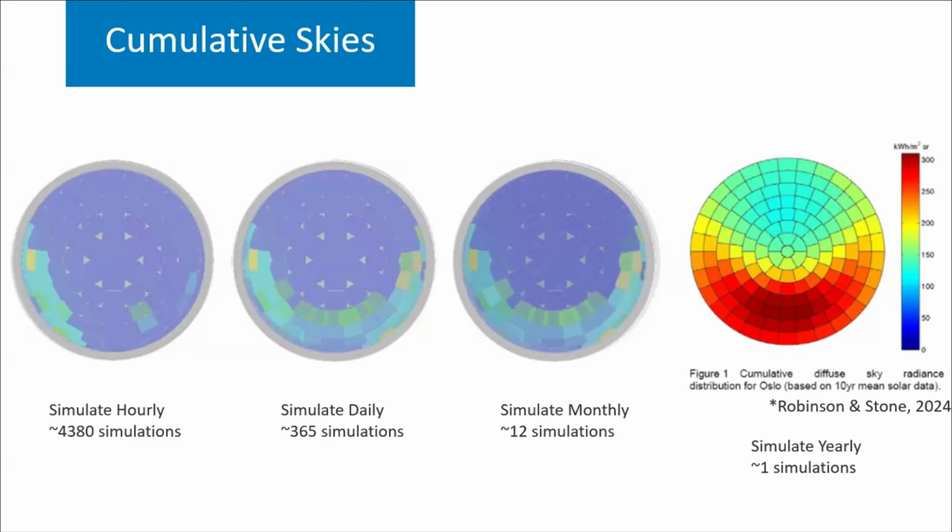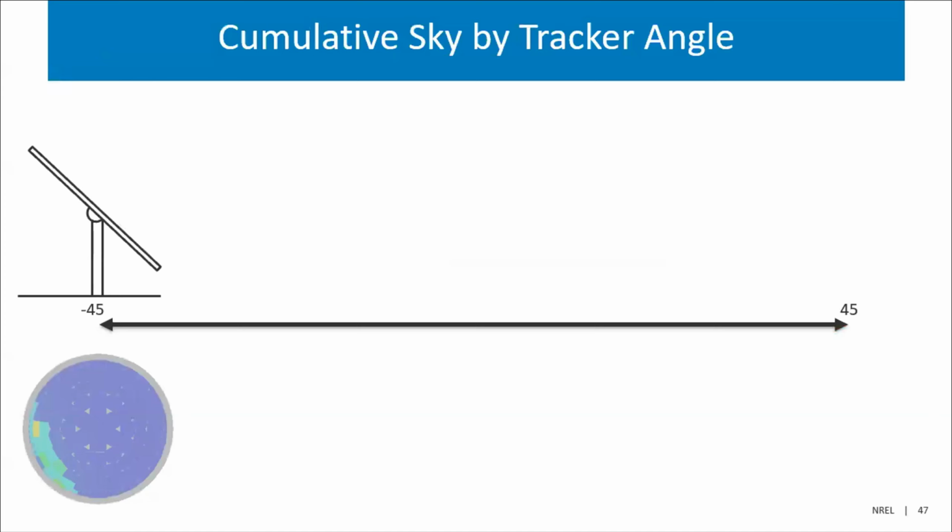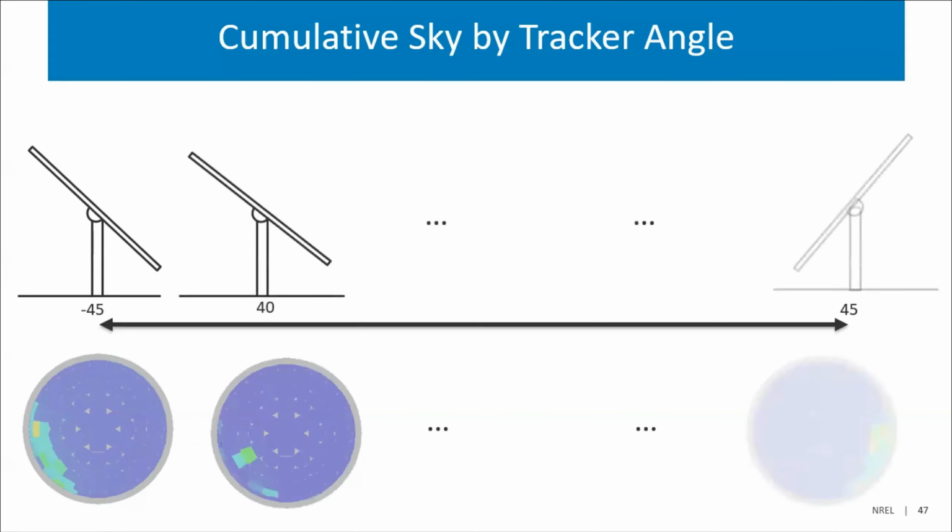Now, you can see the fixed or tracker. There's a lot of tracker angles. That's why we came up with a way that basically makes a weather file that only has the hours with the tracker at a specific angle. So at -45, it's all of these hours in the sky. At 40, it's going to be at, I don't know, 9 a.m. in January and 10 a.m. in February.